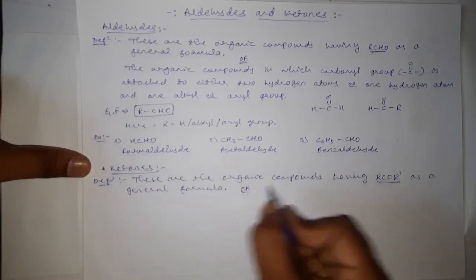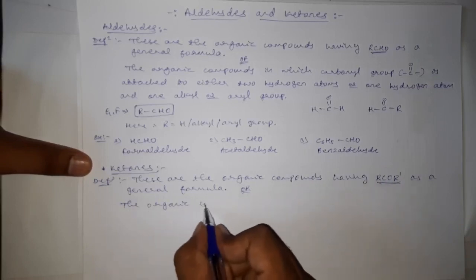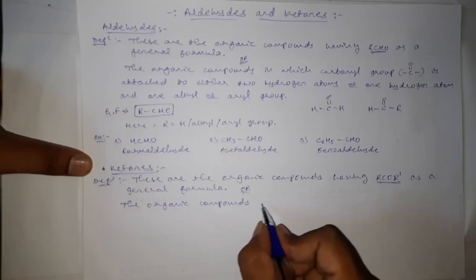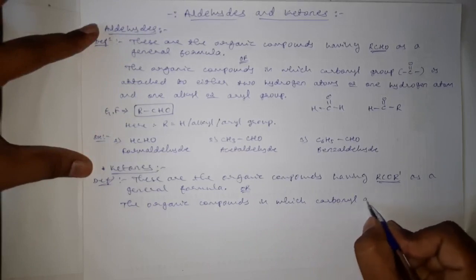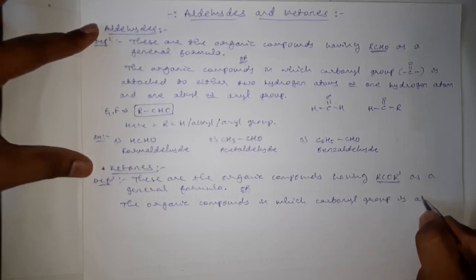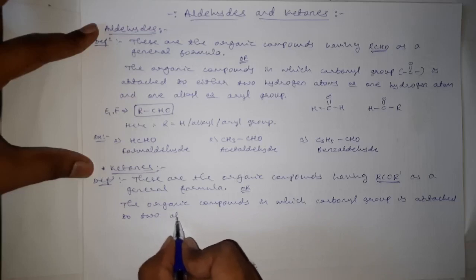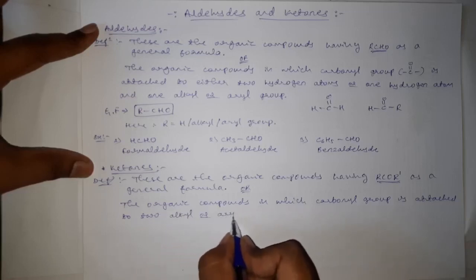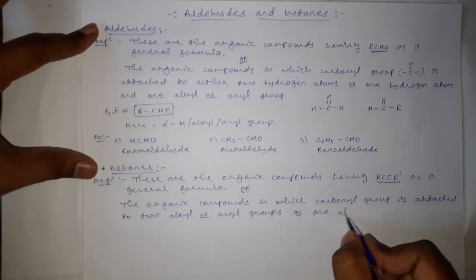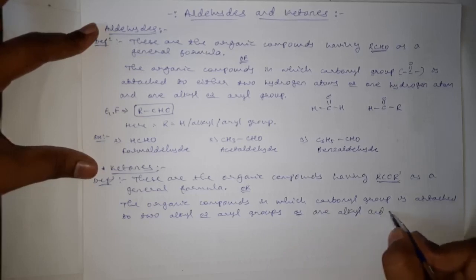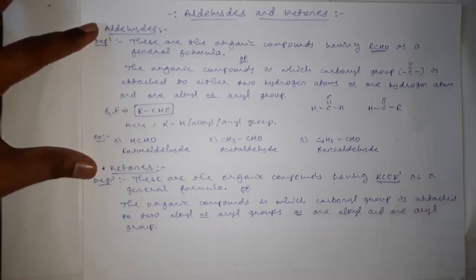Ketones. Or we can define the ketones in another way, that the organic compounds in which the carbonyl group is attached to two alkyl or aryl groups, or one alkyl and one aryl group, then that organic compound is called what?